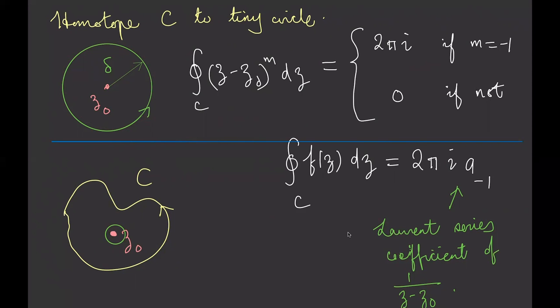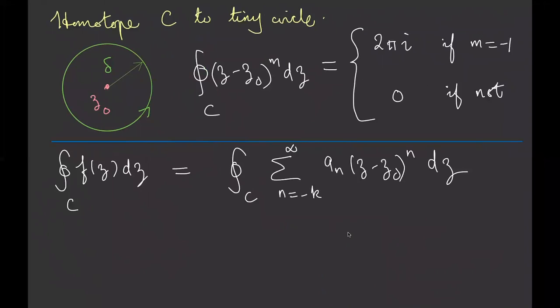Let's see how this can be used. When I take this integral over C, where C is this homotoped curve, I have f of z represented as a Laurent series in this particular way. So I start at negative k. If k is 3, for example, I start at negative 3, then I have negative 2, negative 1, 0, 1, 2, 3, 4, and so on.